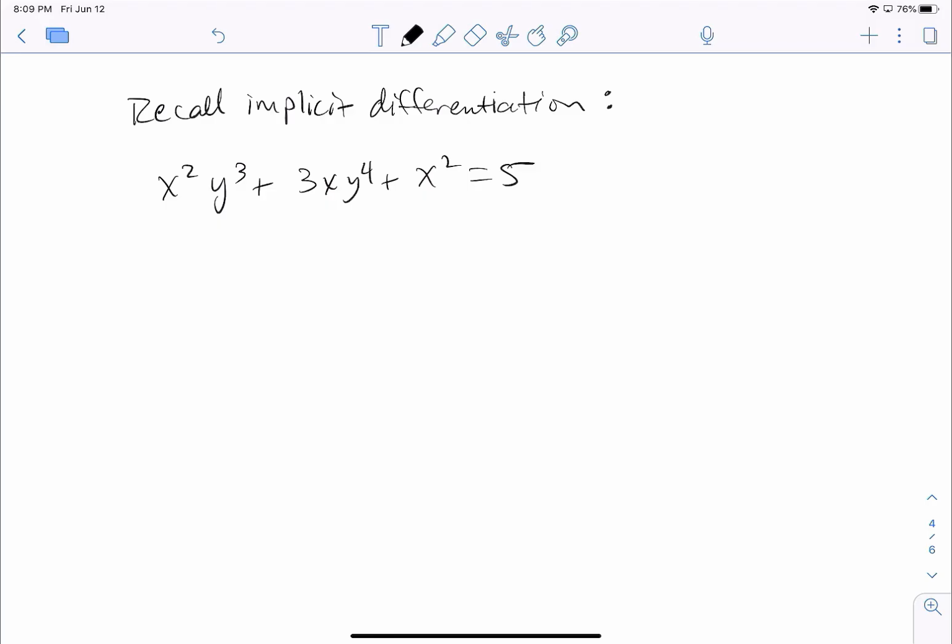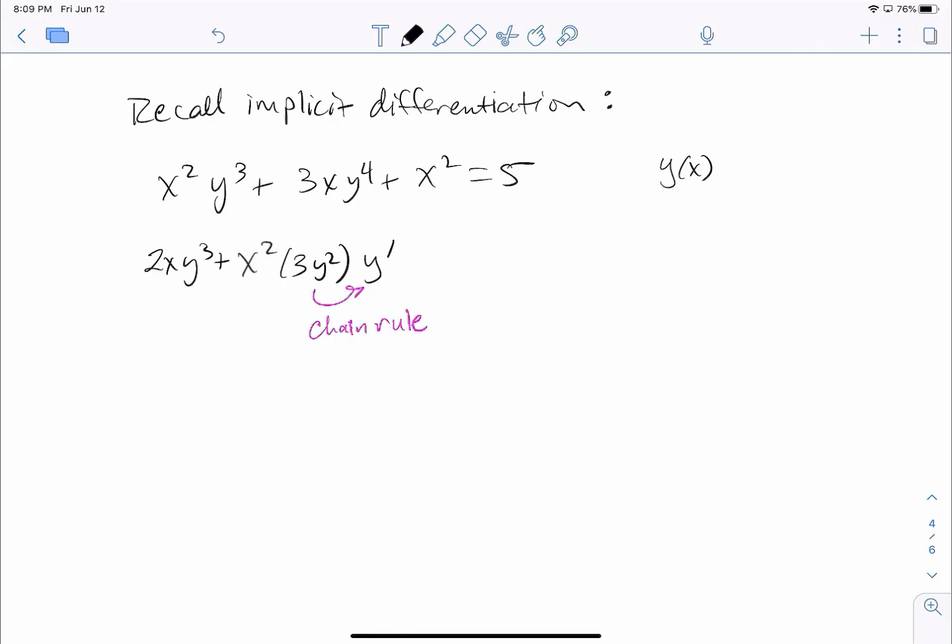To find y prime, or dy/dx, we would consider basically y as a function of x. And so when we see x squared y cubed, we're going to treat that as a product, and we're going to use the product rule. And when we do, we've got 2xy cubed plus x squared times 3y squared times y prime, where that y prime is coming out as the result of the chain rule because we're differentiating with respect to x and not y.